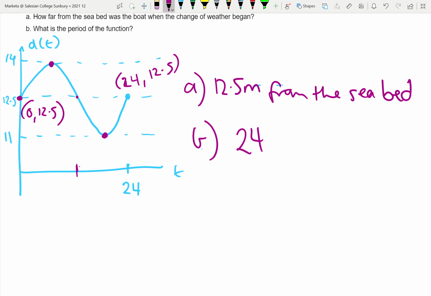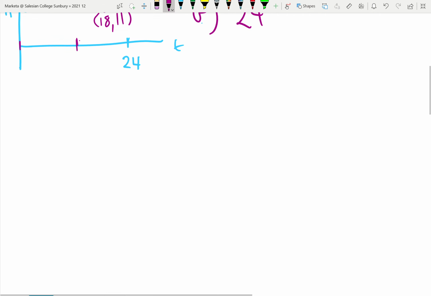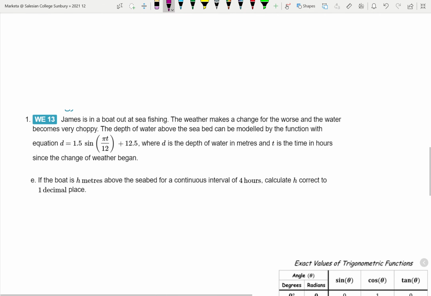Halfway would be 12, that would be here. So here would be 18, and here would be 6. There we go, you can see 0, 6, 12, 18, 24, so it divides nicely like that. So there's our one cycle of the graph. Let's move along.